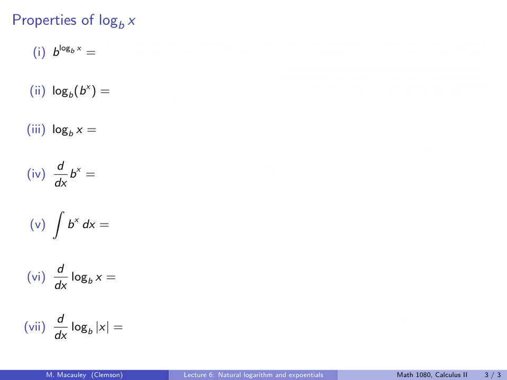Okay, so let's list some properties of the log base b function. These and all of the details of their derivations are listed in the book, and there are a handful of other properties as well. I don't think it's necessary to list every slight variation or every single derivation.